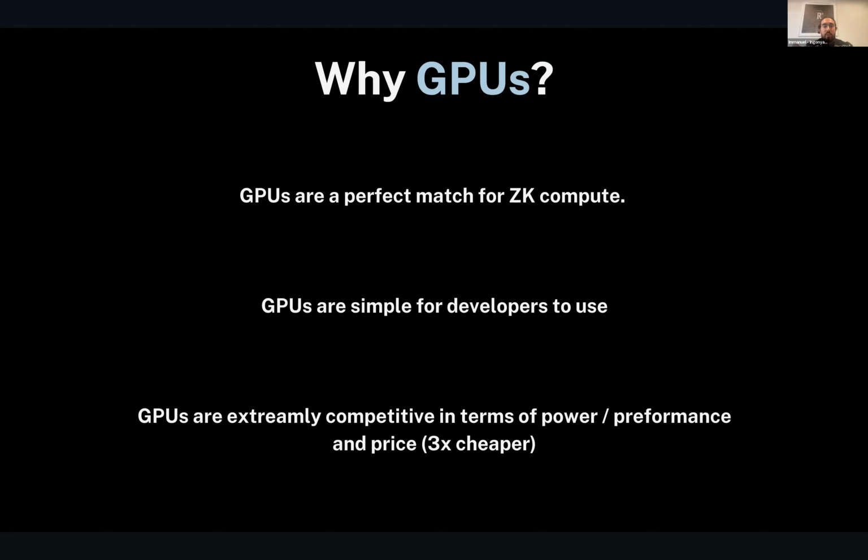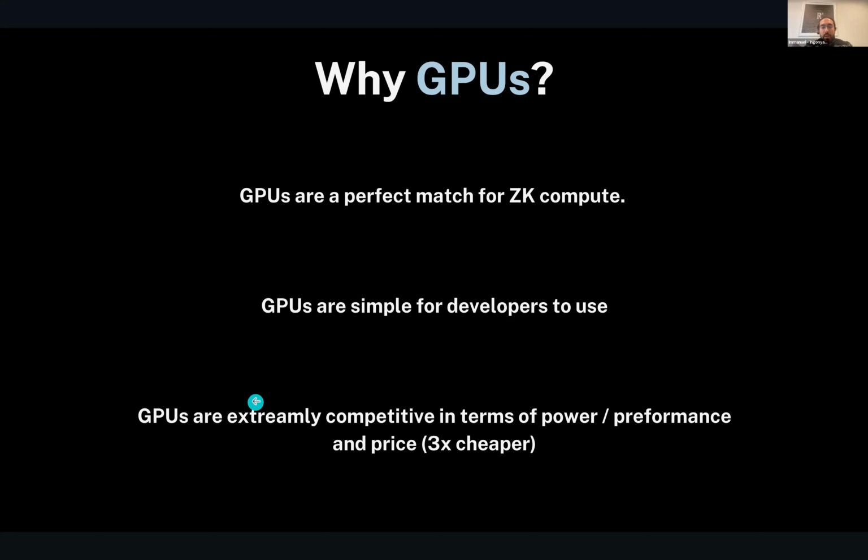So let's speak a bit about GPUs and why we chose GPUs for Icicle. One, like I stated, GPUs are extremely parallel friendly. They're basically designed for parallel computation. GPUs are also extremely easy for developers to use. NVIDIA designed an entire software stack just for GPUs, so developers can basically use C++ code, Rust code, Golang code, pretty much any language that they want to simply call GPU functions.